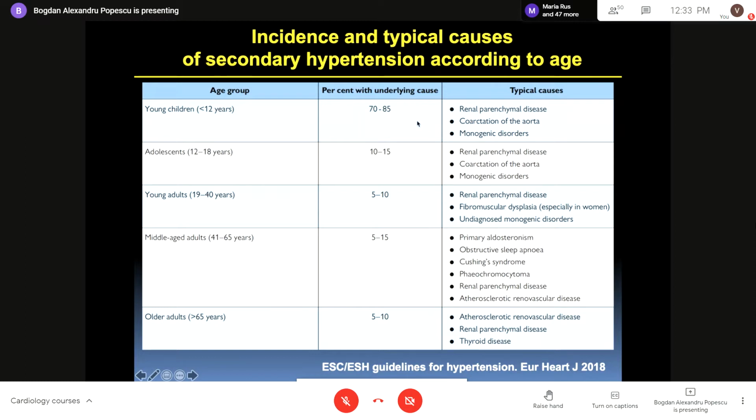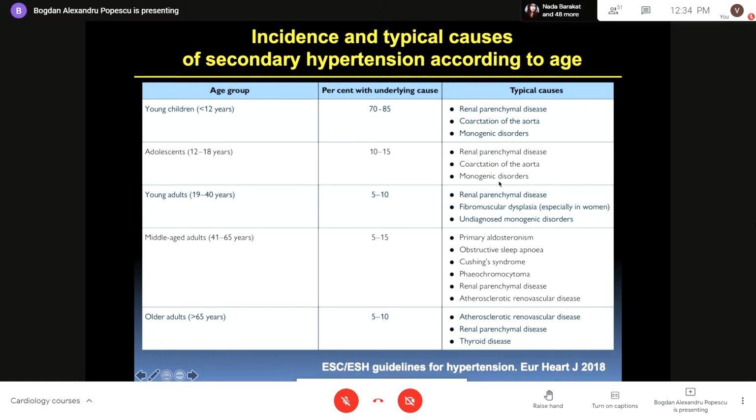And you see, this is why we say that in a young patient, and in fact in very young children, it is almost always a secondary cause, obviously. Again, teenagers, the same, a bit higher, but then you have uniformly the same percentage. And also, depending on the age, you may have slightly different causes of hypertension.